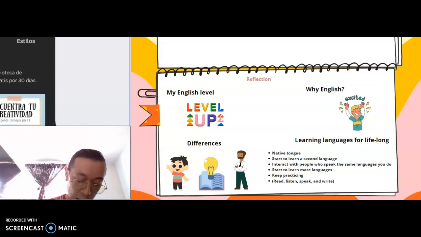Okay. How is studying a language as an adult different from studying it as a child? I think the main difference is that children learn faster than adults, and also they are not afraid to be judged or to make mistakes, and it is not something really bad for them.